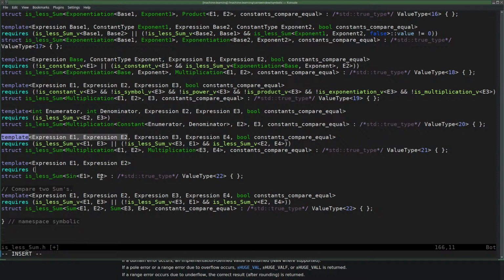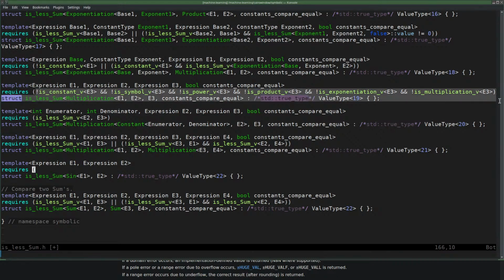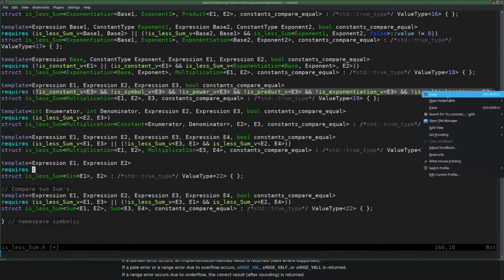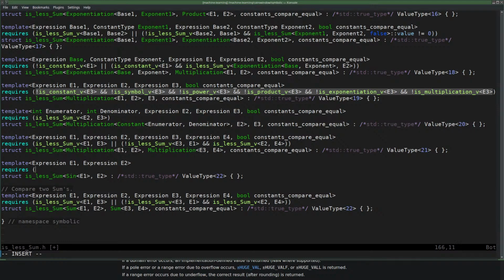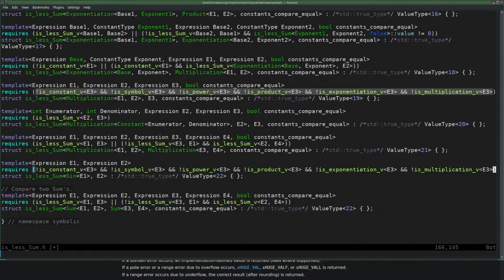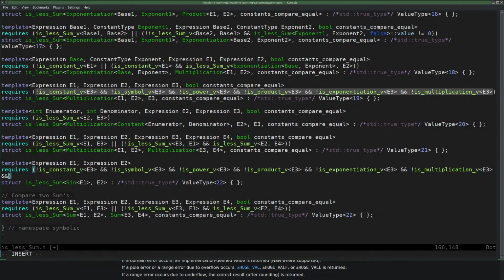Saying that E2 can be nothing, including a sign. It's this list, but then with an E2. And also cannot be a sign.